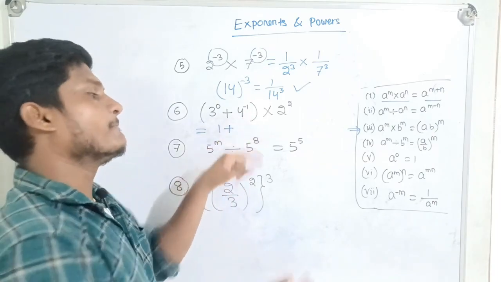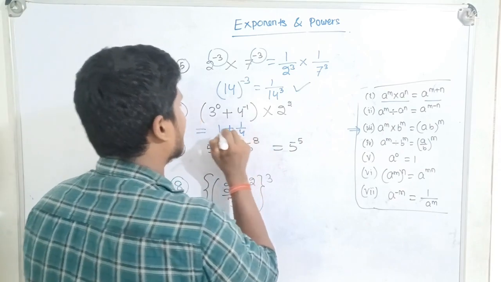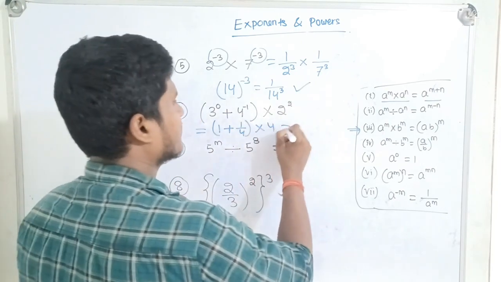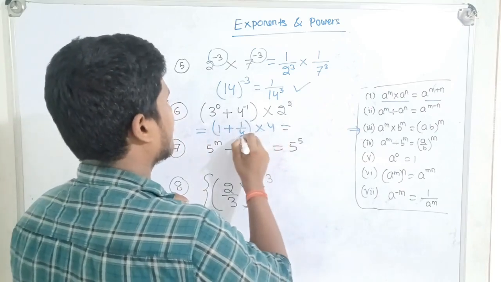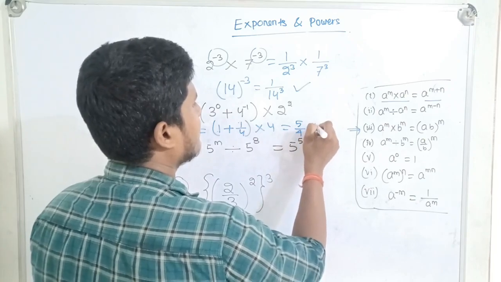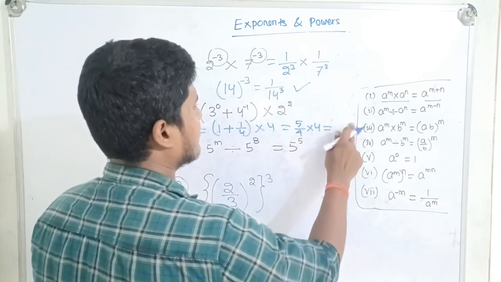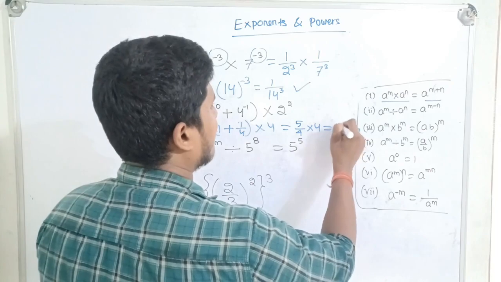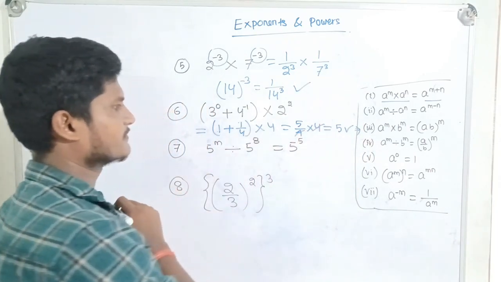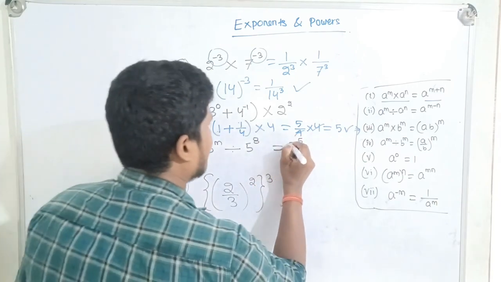Here 4 to the power minus 1 means 1 by 4, into 2 to the power 2, which is 4. Here 4 1s are 4, plus 1 is 5, 5 by 4 multiplied by 4, the 4 cancels out and 5 is our answer.